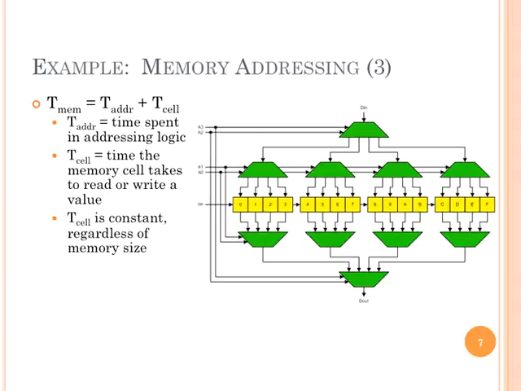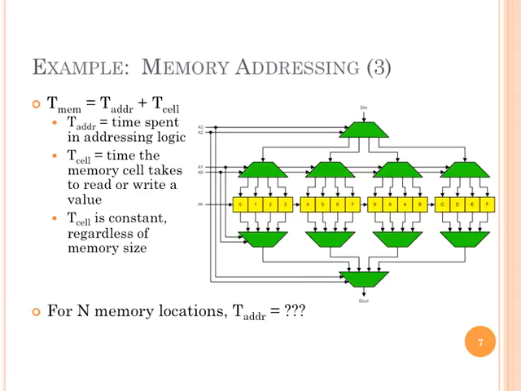Okay, so like I say here, we can assume that the memory's cost is the addressing logic plus the cell logic, and we can pretend that the cell logic, looking up a value or storing a value into that cell, is going to be constant because the cells themselves are not changing as we change the memory size. But the addressing logic definitely does change as we increase the memory.